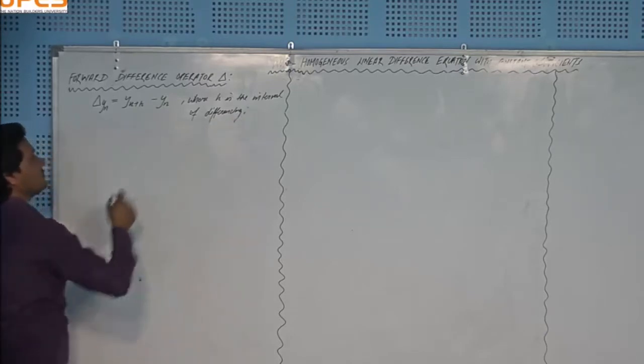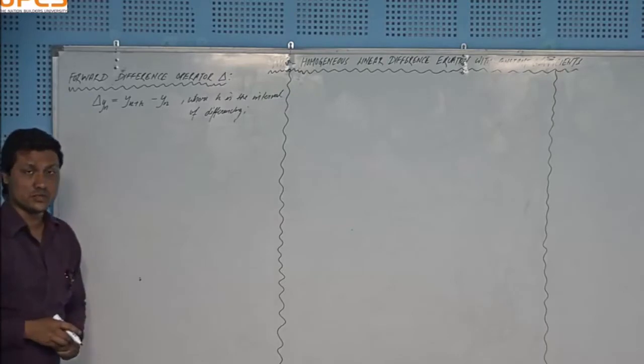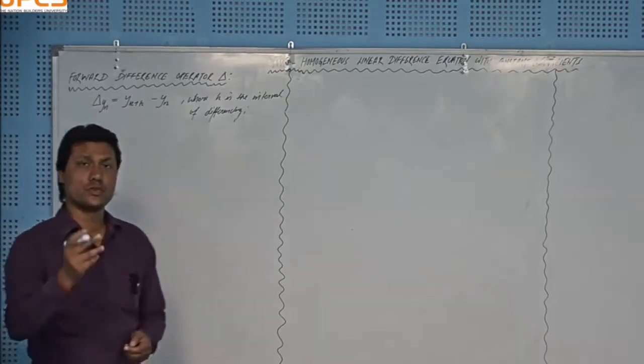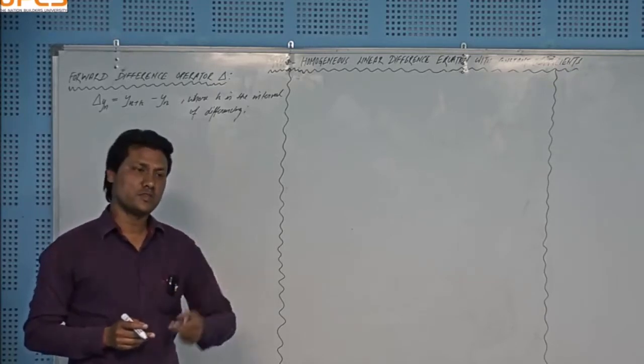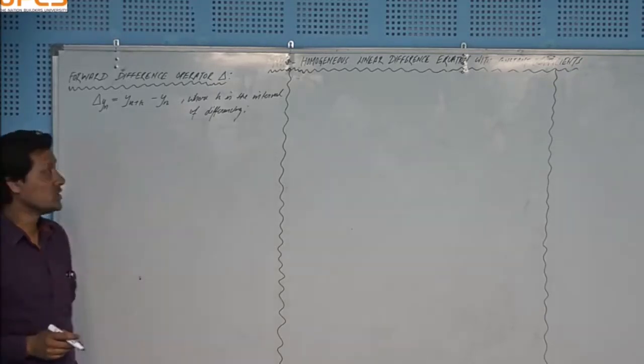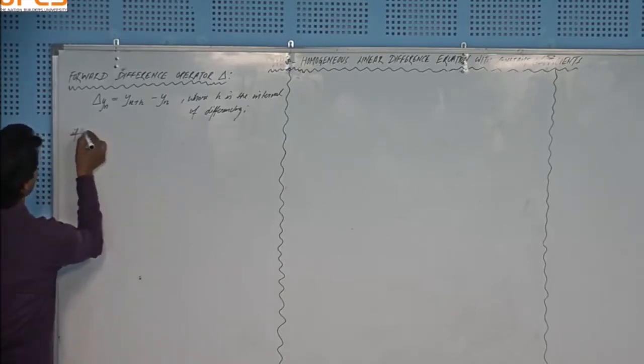Generally, in a linear difference equation, we take n equal to 0, 1, 2, 3, 4 and so on. So here we'll have h equal to 1, because the difference between successive integer values is 1.